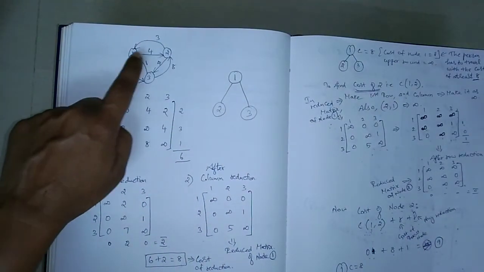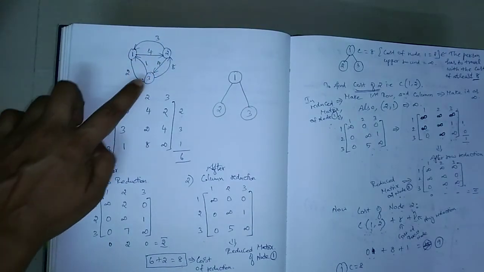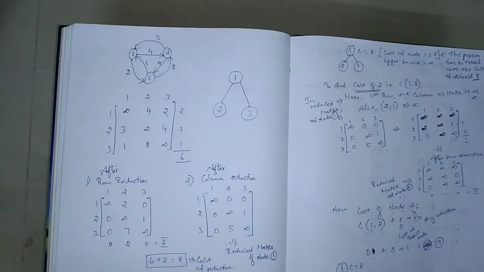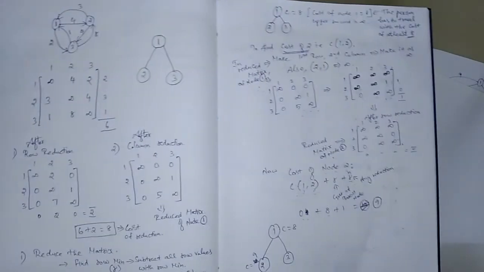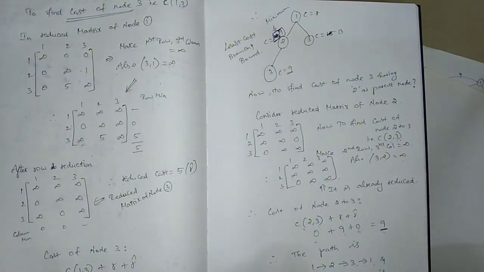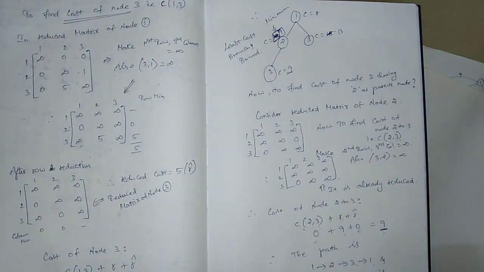From 1 to 2 it is 4, 2 to 3 it is 4, and 3 to 1 it is 1. So 4 plus 4 plus 1 is 9. So the cost of traveling from vertex 1 to vertex 1 via node 2 and node 3 is 9.